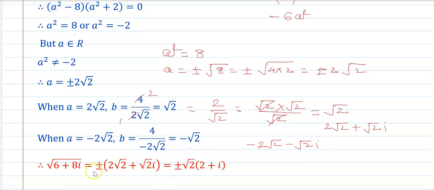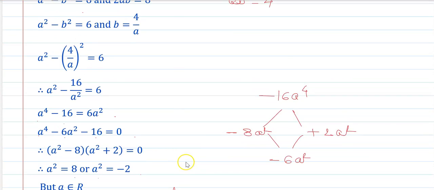If we combine it, then you are getting the square root of 6 plus 8i is equals to plus or minus (2 root 2 plus root 2i). If we take root 2 as common, then you are getting plus or minus root 2 in bracket (2 plus i). Okay, you can see here once again.